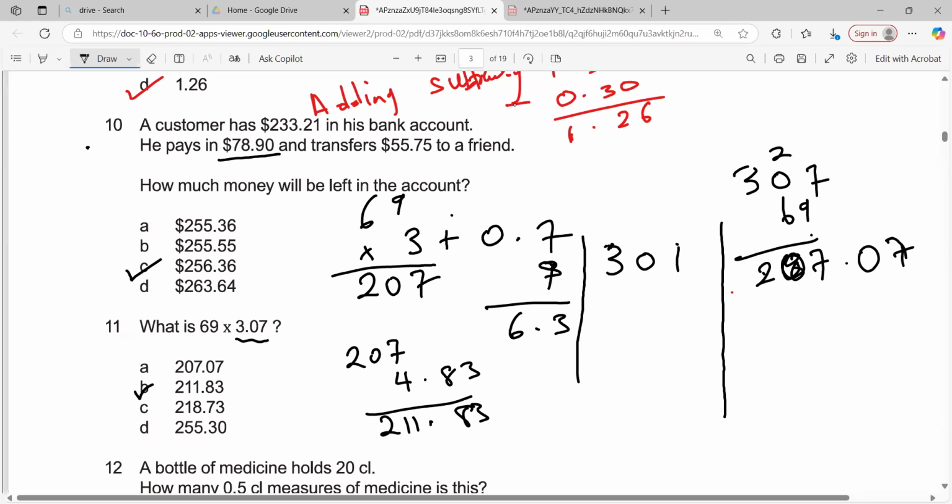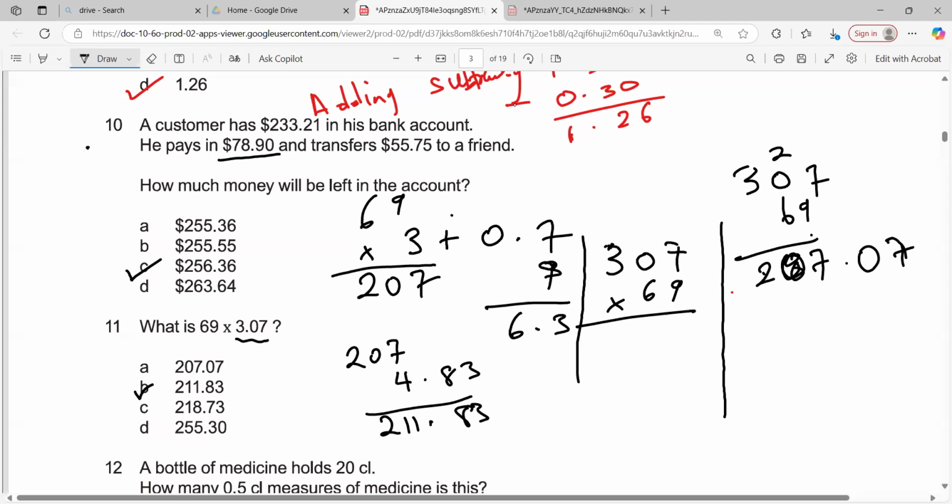When I'm multiplying decimals, I take away the decimal point. So I would say 69 times 307.